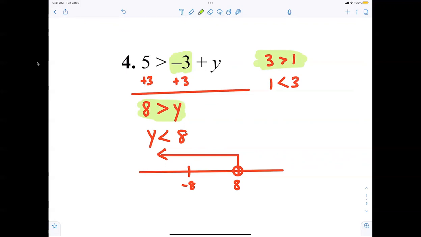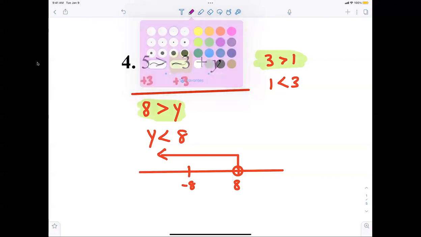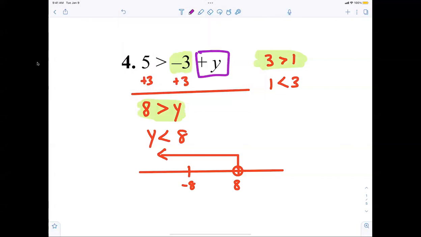Yeah, but on number 4, the 3 goes on the other side of the... Yeah, you're isolating the y. So I'm moving this over here. So anytime a number goes on the other side, then what?